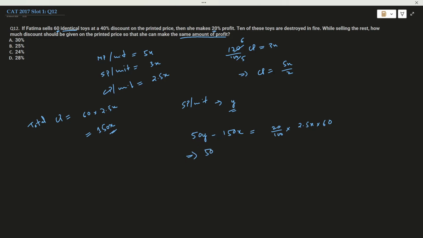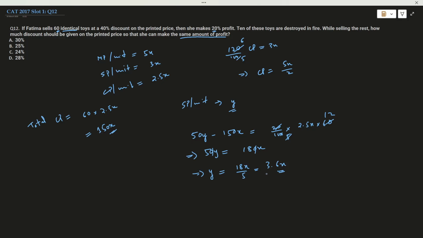From here, 50y is equal to 150x plus 30x, so 180x. Zeros will get cancelled. What is y? y is equal to 18x by 5, which is equal to 3.6x.